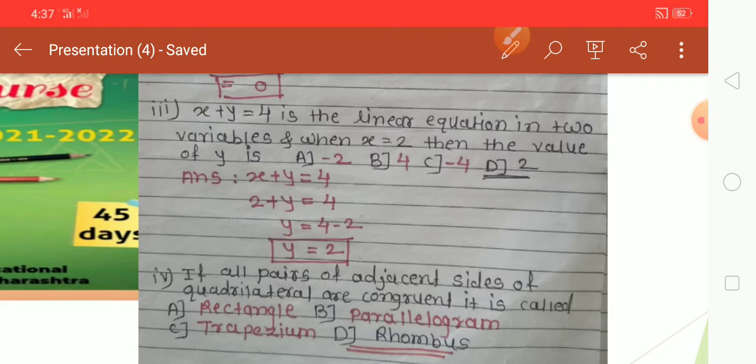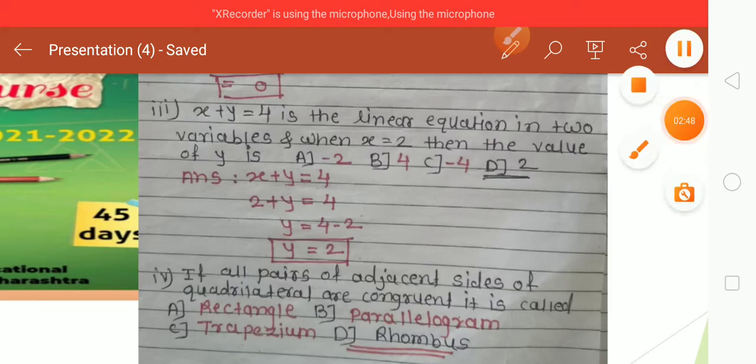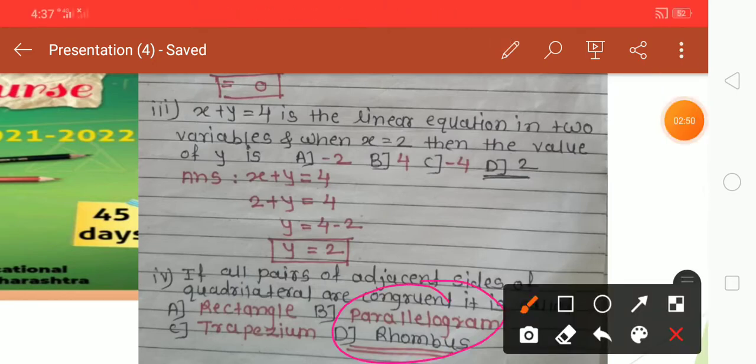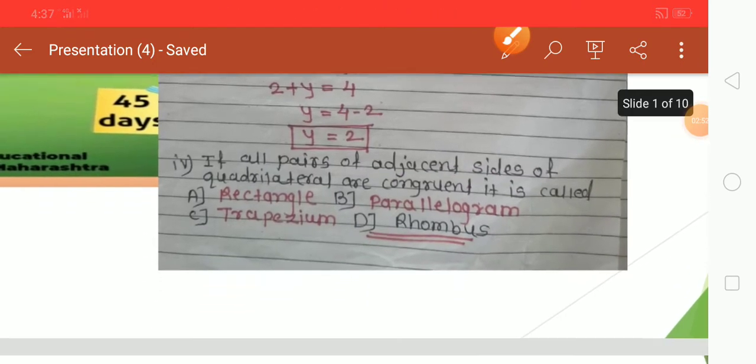In a trapezium, no adjacent sides are congruent to each other. But in a rhombus, all sides are congruent to each other. Therefore, the given quadrilateral is a rhombus, whose adjacent sides are congruent to each other.